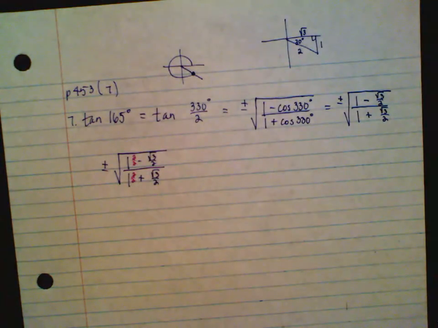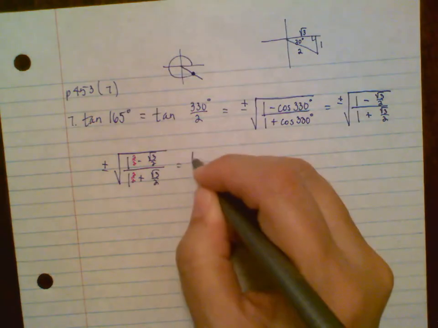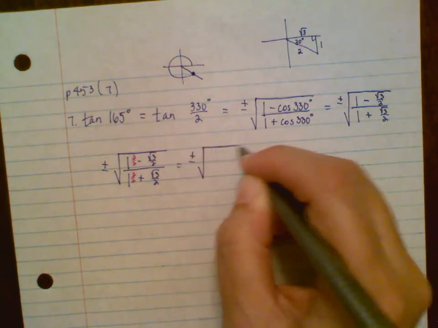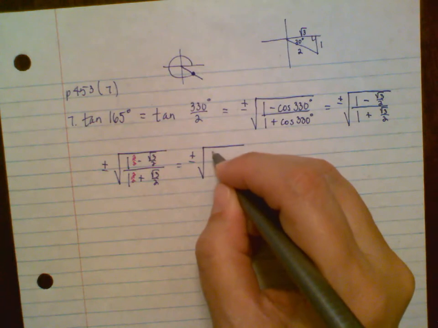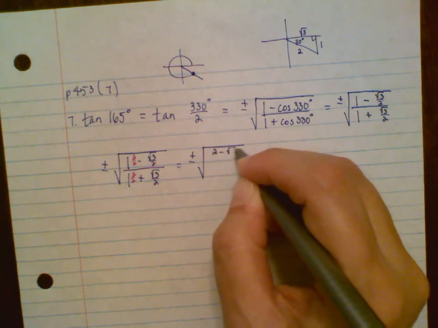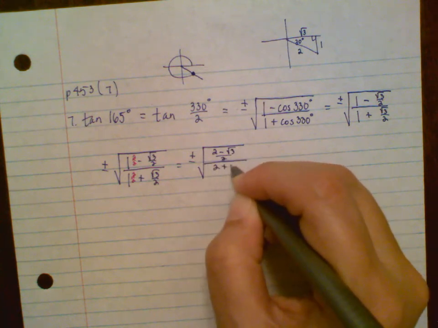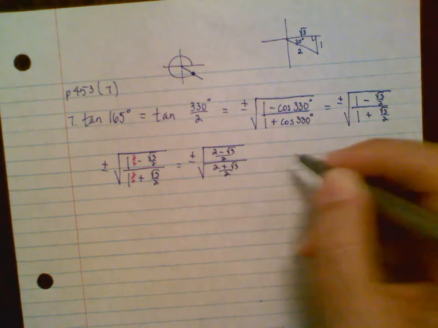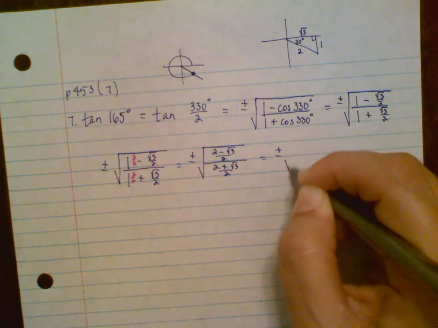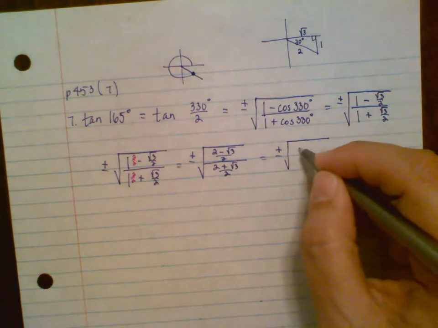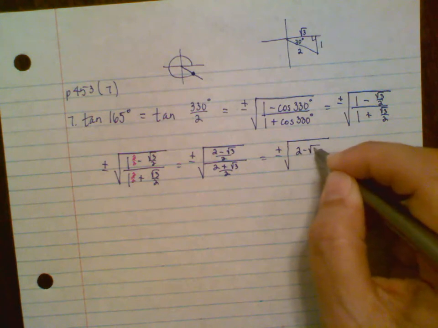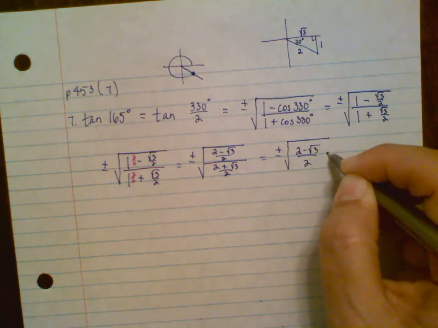This is really 2 halves. So this is positive 2 minus the square root of 3 over 2, divided by 2 plus the square root of 3 over 2.